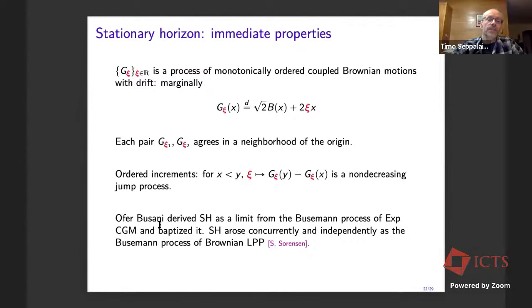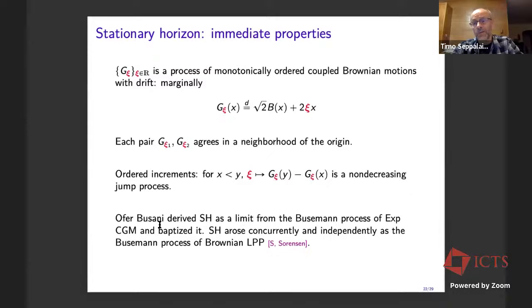And so Ofer's paper came on the arXiv last October. And around the same time, Evan and I were finishing up our work on the Busemann process of the Brownian last passage percolation. And when we saw Ofer's paper, we realized that, my God, we had discovered the same object. So that already gave us some sense that there's some universality there in the thing that Ofer discovered.